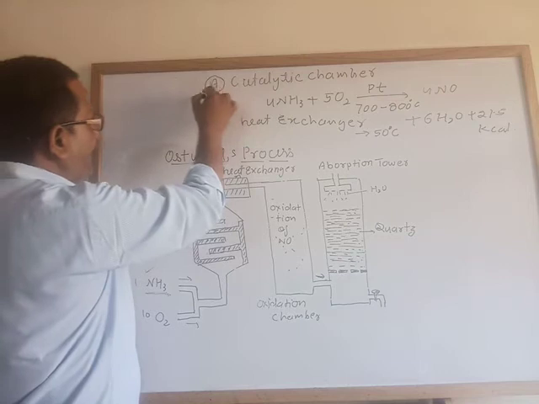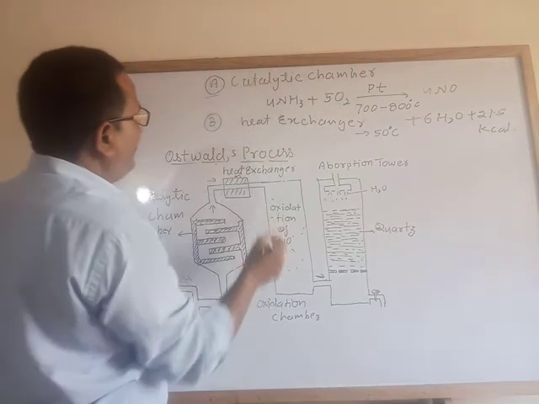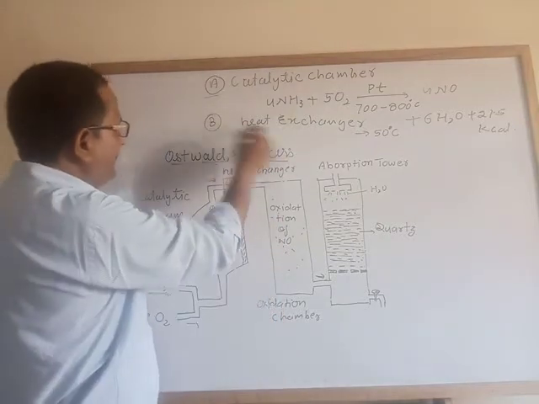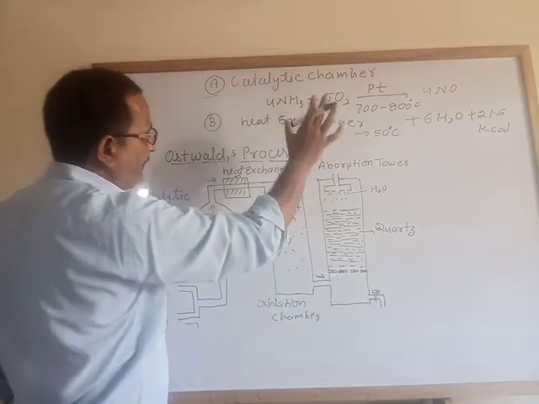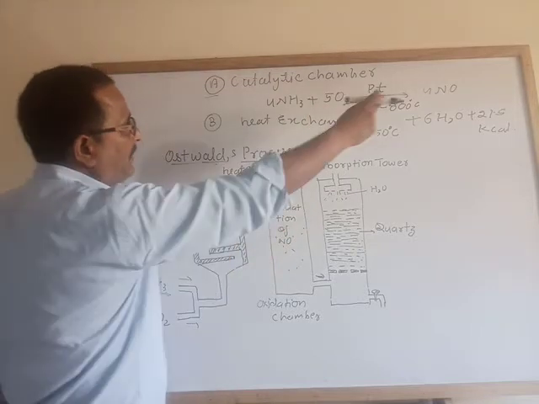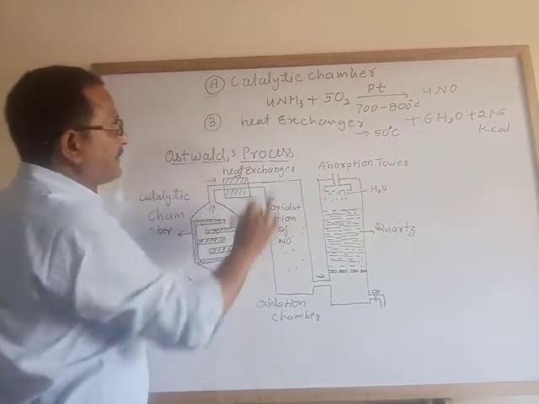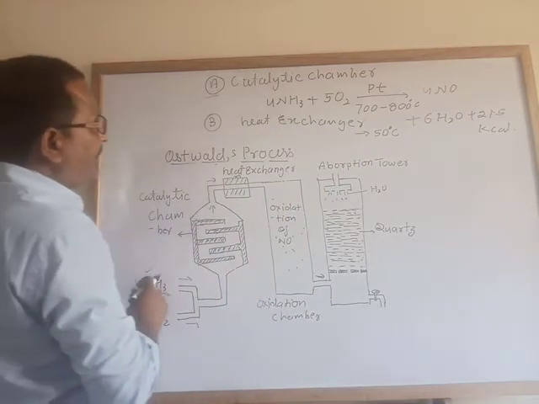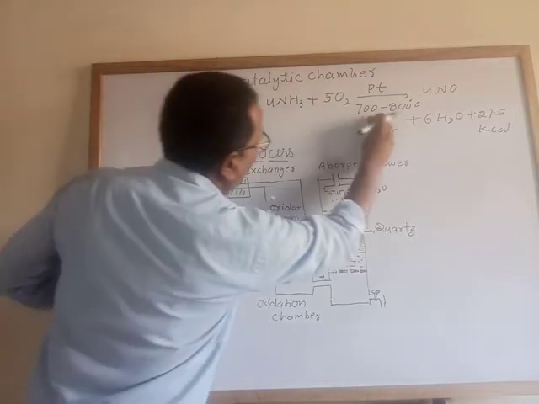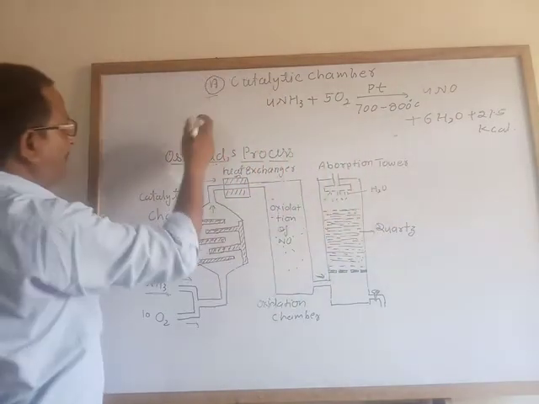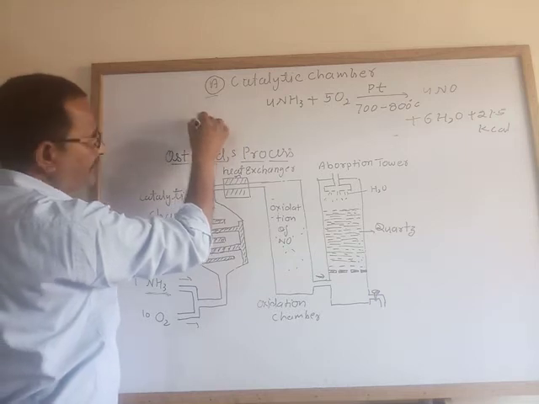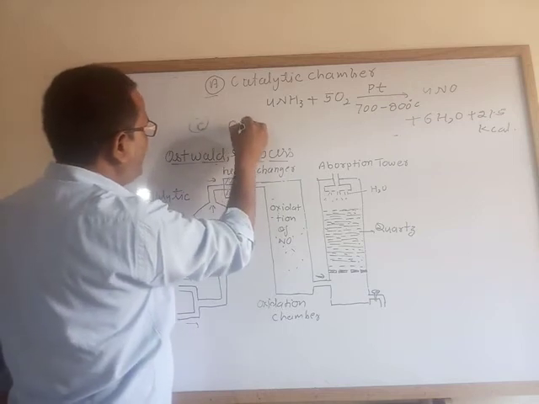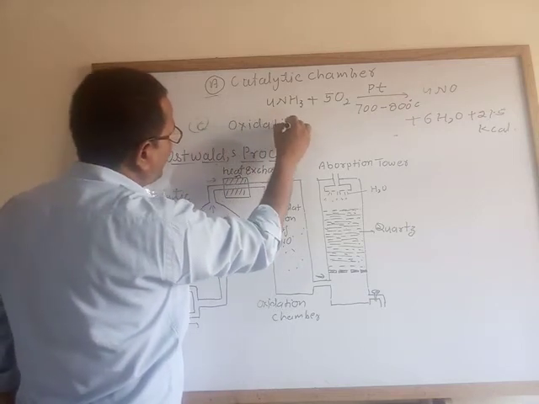First the reaction takes place in the catalytic chamber, which is used only for manufacture of nitric oxide. Then we need the heat exchanger, whose work is to reduce the high temperature. Next is C, the oxidation chamber.